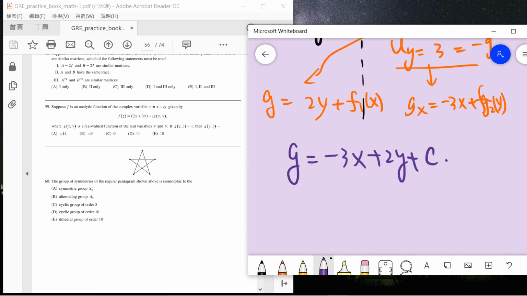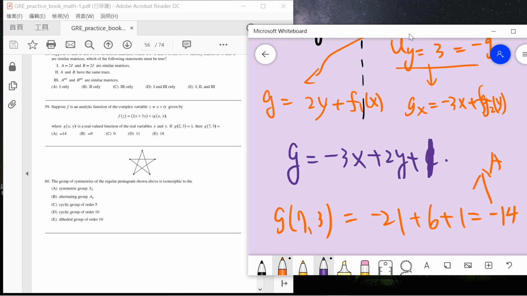But the problem tells you that g(2,3) is 1. So minus 3 plus 3c is 1, so c is 1. So you solve g, then you can plug in to get minus 21 plus 6 plus y is minus 14. The answer is A. So this is the first way.